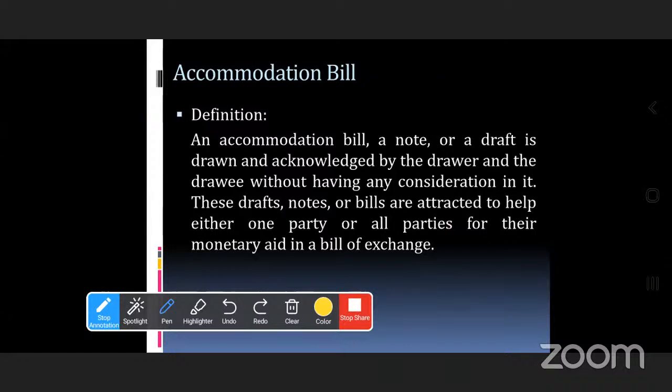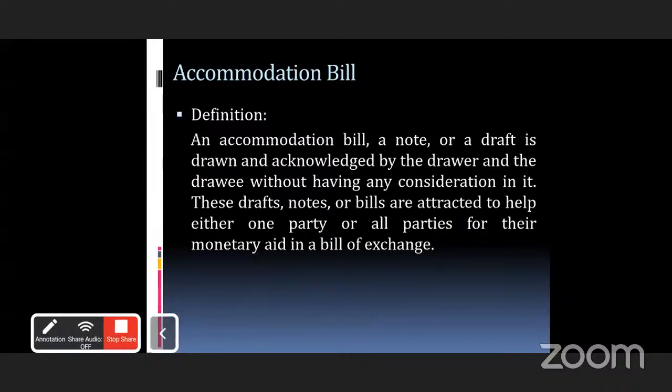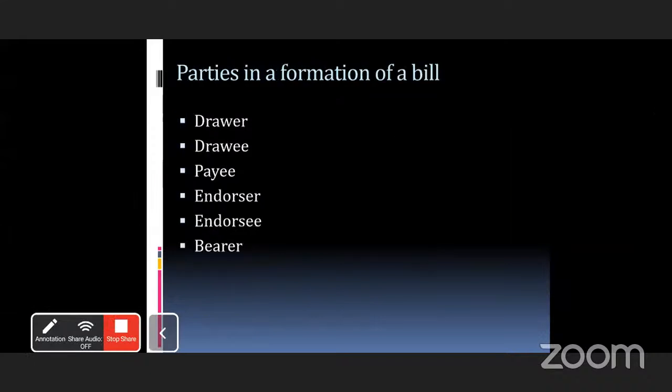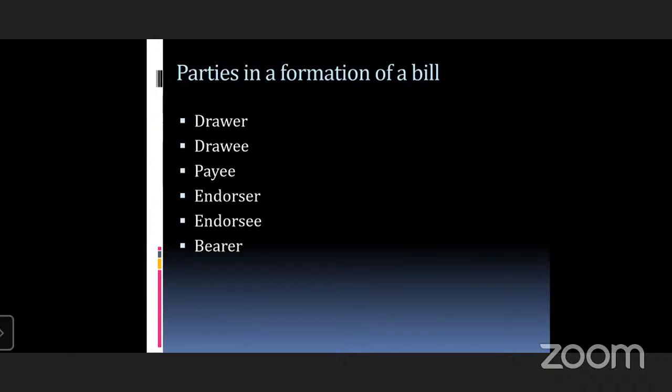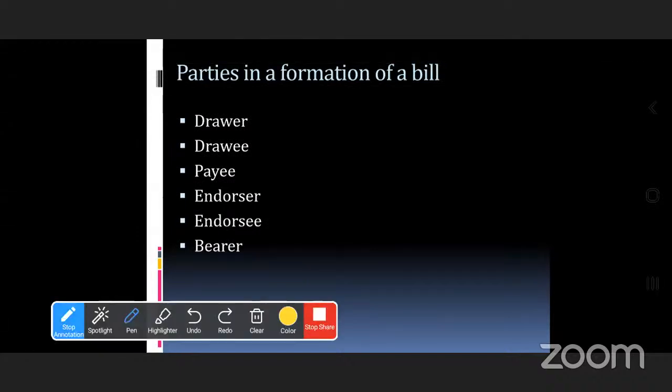Now let us see the parties to the bill. Here, like the bills of exchange, in the accommodation bill we will be having parties to a bill. So coming to the first one, the drawer.